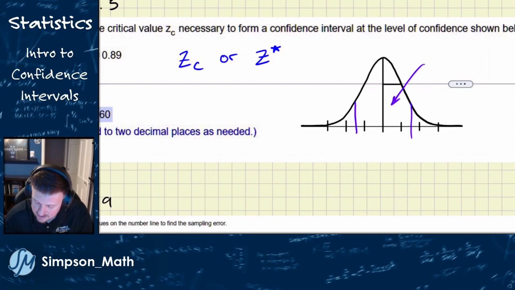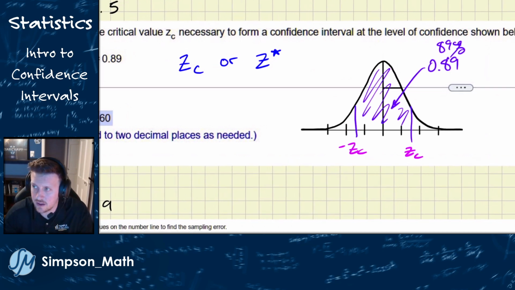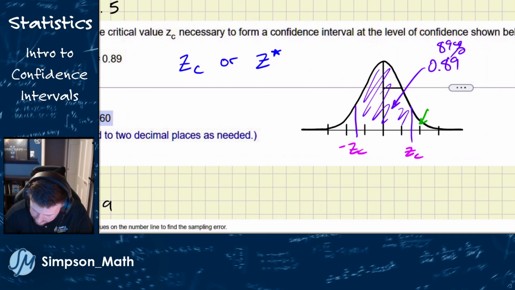And I'm just going to say that this is my 0.89 or 89%. And I want to know, I have this ZC and this negative ZC, so what is the value of ZC? All right, so let's go over to our, oh, sorry, before then, I need to fill in what is this.